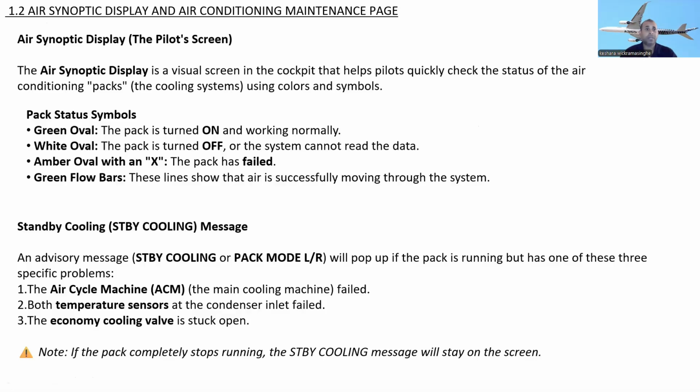You can see the pack status symbols: green oval, the pack is turned on and working normally; white oval, the pack is turned off or the system cannot read the data; and the amber oval with an X, this pack has failed. And the green flow bars, these lines show that air is successfully moving through the system.